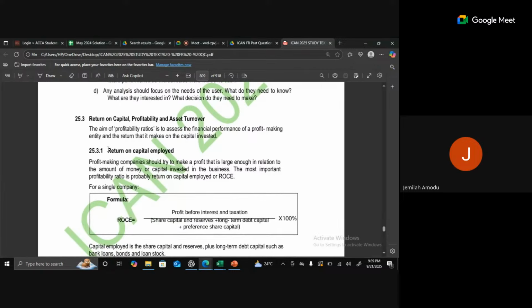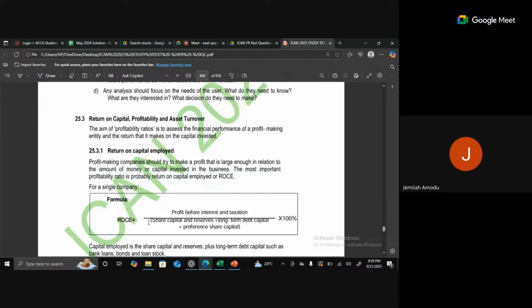So the first thing to look at is your return on capital employed. What is that return that you're gaining from the capital that you employ, or the capital that you put into the business? A profit-making company should try to make profit that is large enough in relation to amounts invested, right? So from here itself, you should be able to know how to analyze this statement.